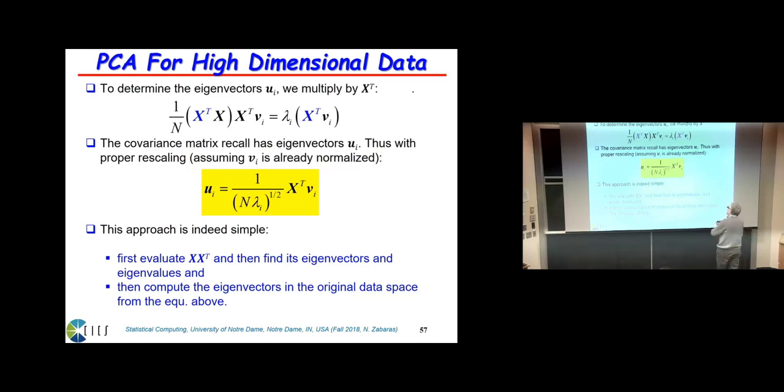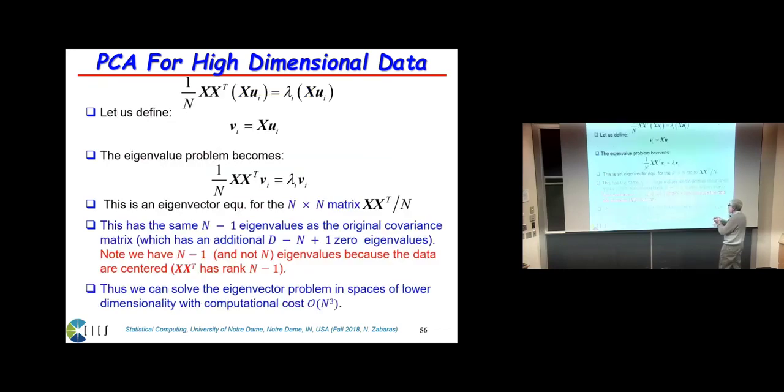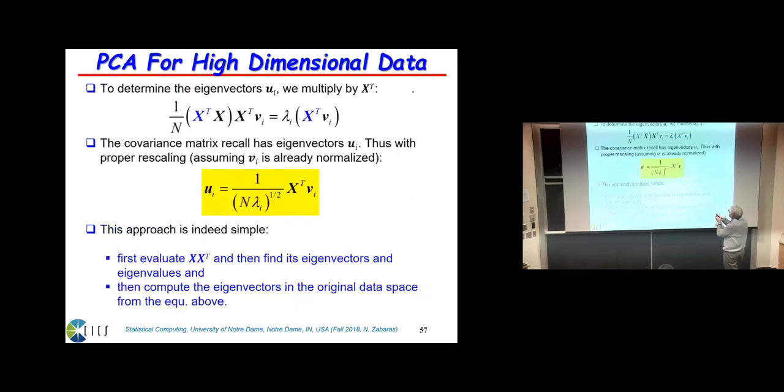Bottom line: solve a modified eigenvalue problem using X X transpose, compute the v's, compute the lambdas, and once you have them, the u's are given by this nice expression, and then you are able to address problems in high dimensions with very few data. Depending on what you want to do, there are lots of tricks.